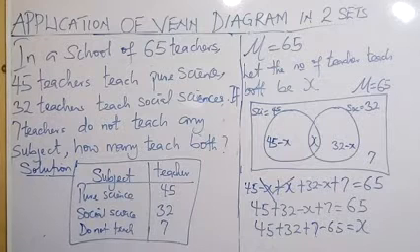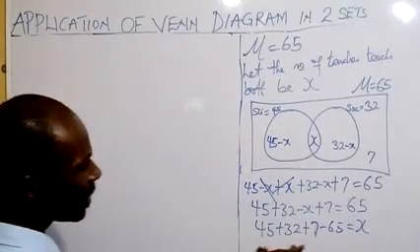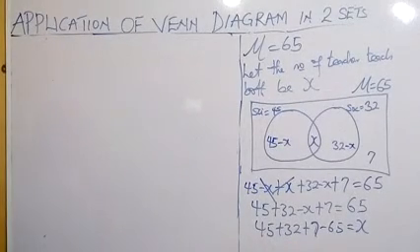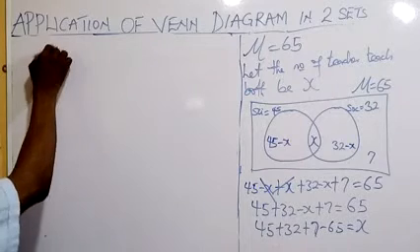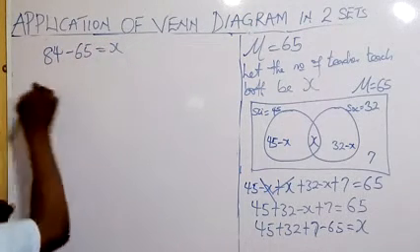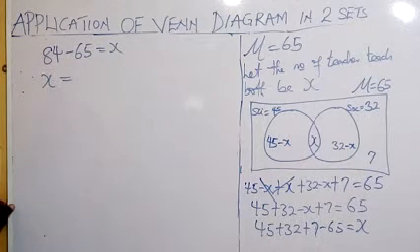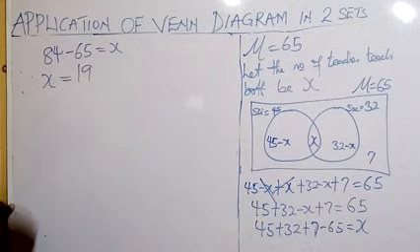All right, adding these figures together, we have 84 minus 65 equals X. Therefore, X equals 84 minus 65, we have 19.